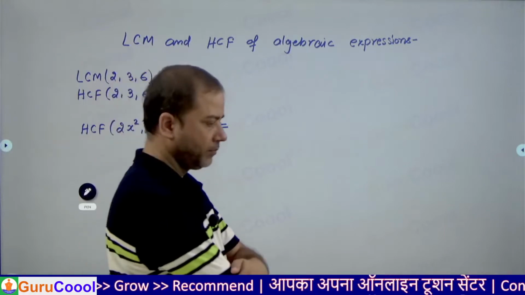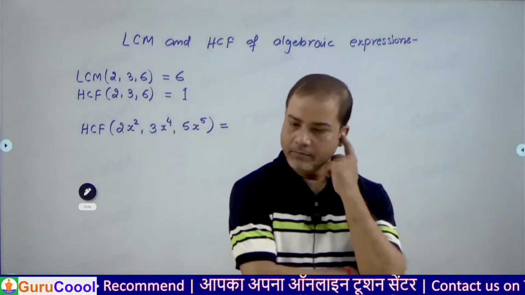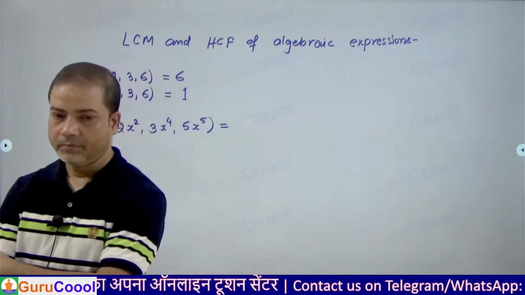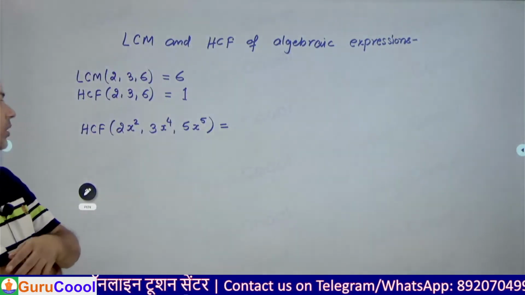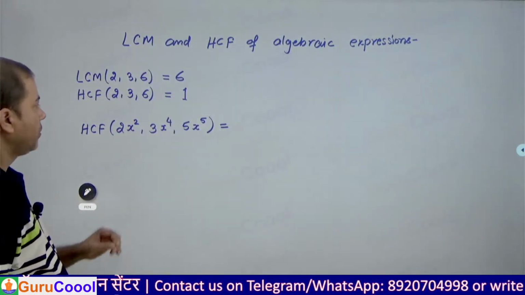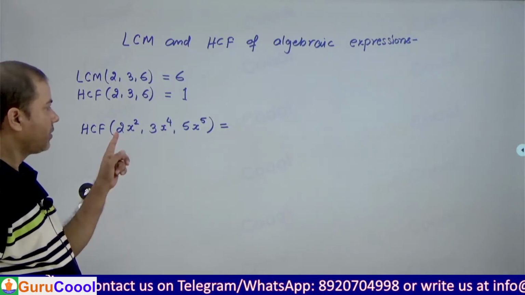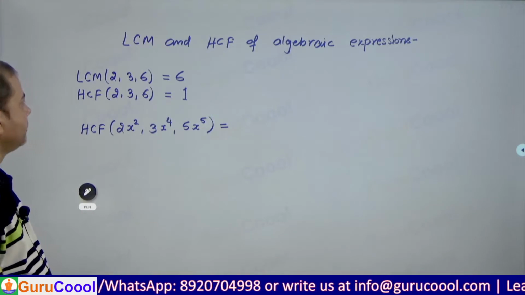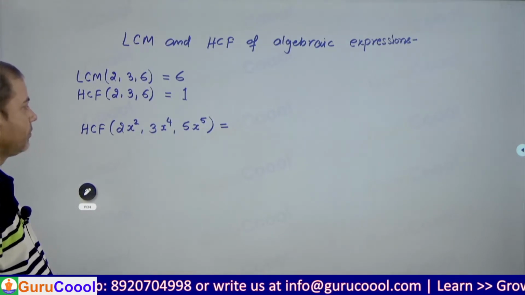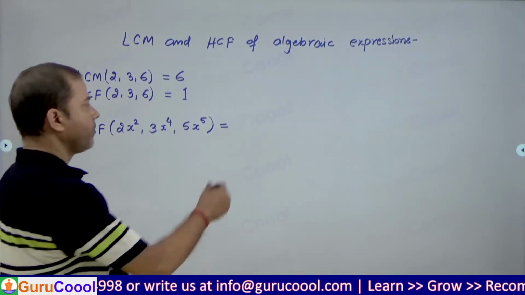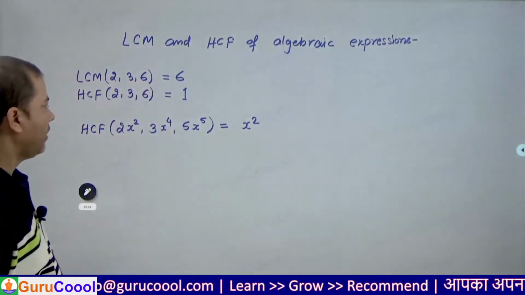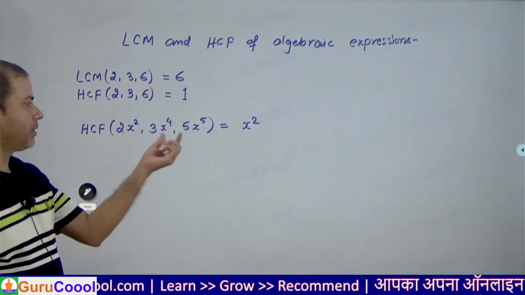Sir, x square is the HCF. Okay. So you found HCF of numbers also, 2, 3 and 5. That's 1, sir. X square is the HCF of these three expressions.